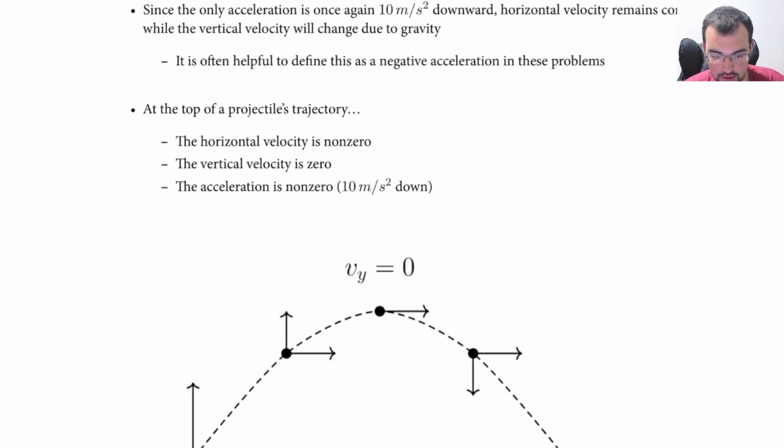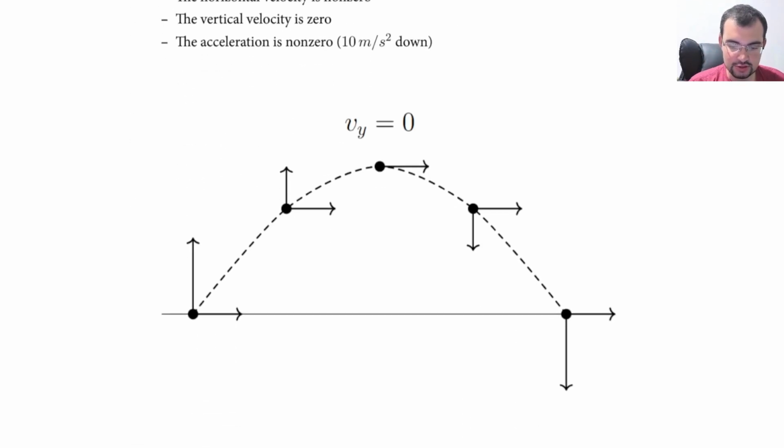Notice here that this would be our dot diagram, where we're launched up and to the right, and then a little bit later we're slower because g is fighting us. We're even slower. We stop only vertically at the top, right? Because gravity doesn't tell the right vector to become left. Gravity just tells the up vector to become a down vector. And then the pattern is symmetric and repeats on the way down.